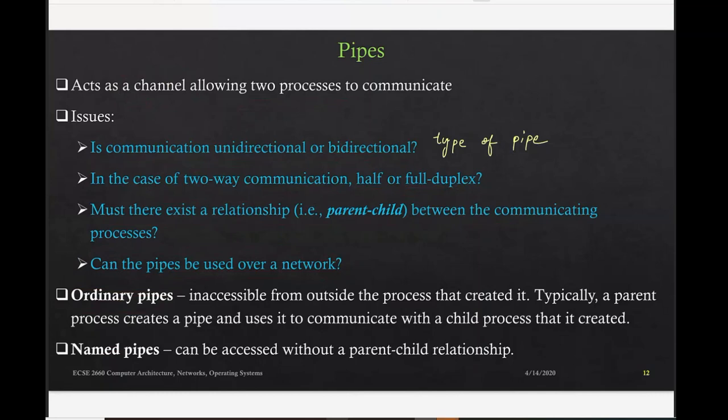So typically a parent process creates a pipe and uses it to communicate with the child process that it created. So in a parent-child relationship, you may be interested in temporary pipes that facilitate communication between parent and child. Those are classified as ordinary pipes.